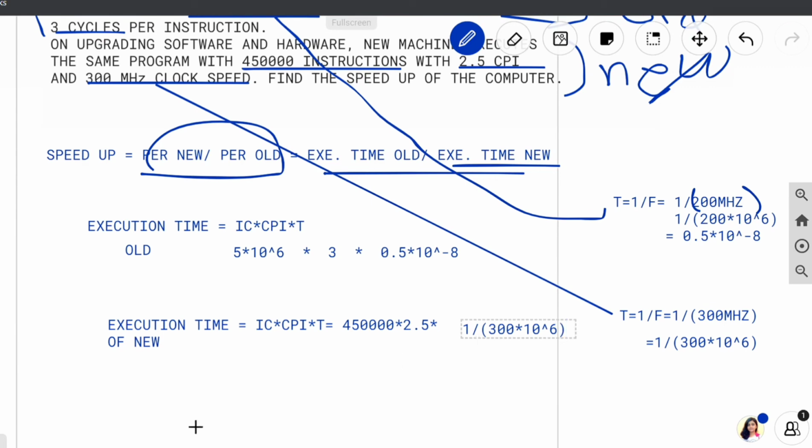Now to calculate speed up I need to divide these two. I'm using the red pen for that.